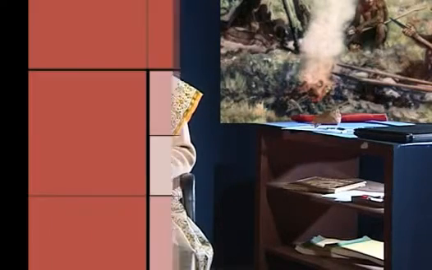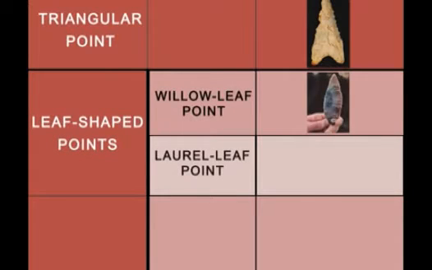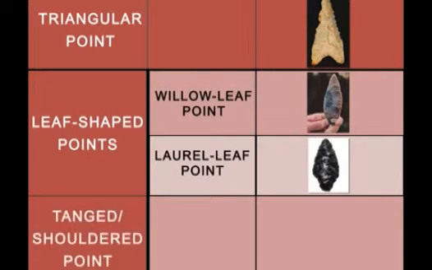According to their shape, points can be classified into triangular points, leaf-shaped points, particularly willow leaf and laurel leaf, tang points or shoulder points, etc.